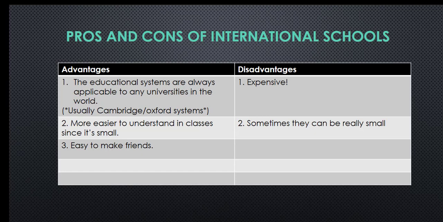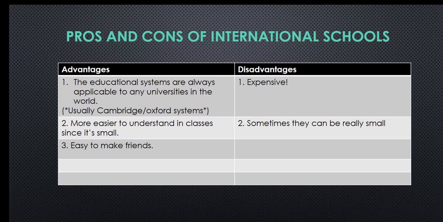In public schools, just in primary school, you will find more than 500 students, but in an international school, if you mix high school and primary school, you will find around 300 students. There are so few kids in each class, so it's easy for you to make friends and to understand your teacher better, and it's easier for teachers. They can teach peacefully and it's easier for them to control the class.